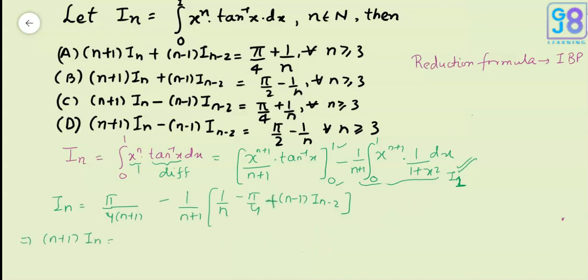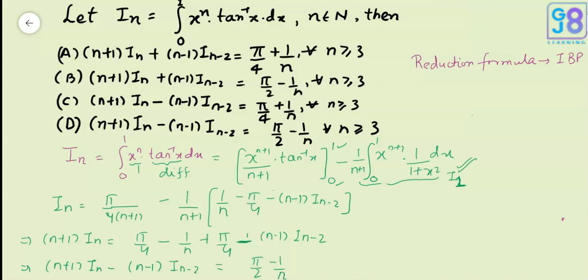So we get In equal to pi by 4 times n plus 1, minus 1 over n plus 1 times 1 by n minus pi by 4 plus n minus 1 times In minus 2. Then we multiplied throughout by n plus 1, which I have already done. That way we get n plus 1 times In minus n minus 1 times In minus 2 equals pi by 4, and pi by 4 will get added up to give me pi by 2 minus 1 by n. So my answer will become B.